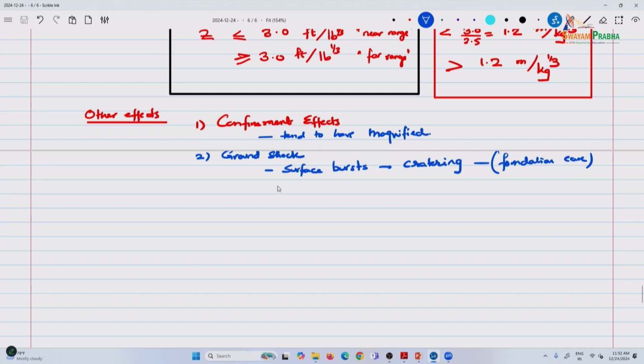And ground shock, some of you may be working on it, is significant for what type of structures? Underground, right? Buried structures. A lot of propagation is like seismic waves in some ways, but the durations are different.